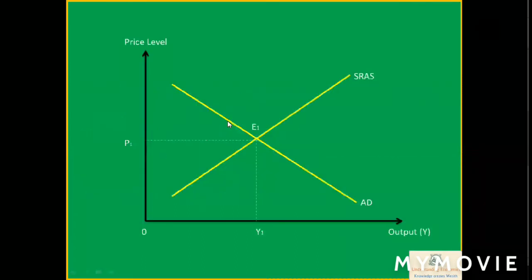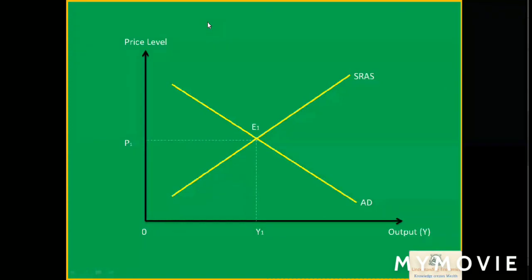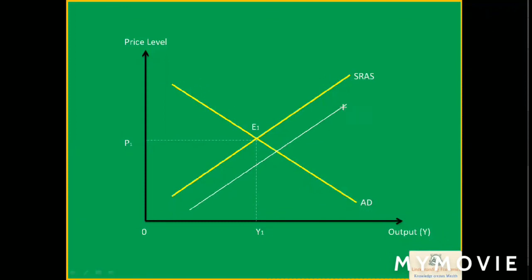Now in this case, we again moved back to the initial equilibrium point, and at the initial equilibrium point, we will not change the aggregate demand, but there is an increase in aggregate supply, so we just shift the aggregate supply curve to the right, and this is our new aggregate supply curve, and this is our new equilibrium point, E2.